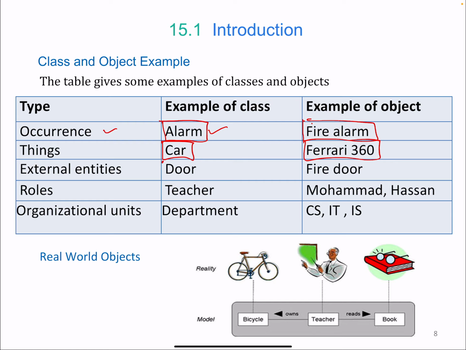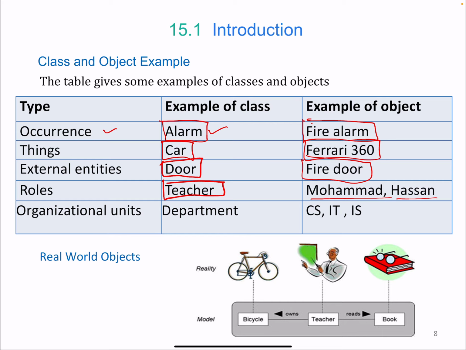Among external entities, door could be a class, and a fire door would be an object of that class. Among roles in an organization, teacher could be a class, and objects of type teacher could be different teachers in that organization, maybe someone called Muhammad, someone called Hassan.